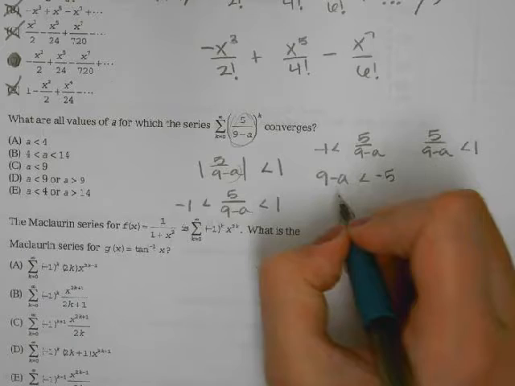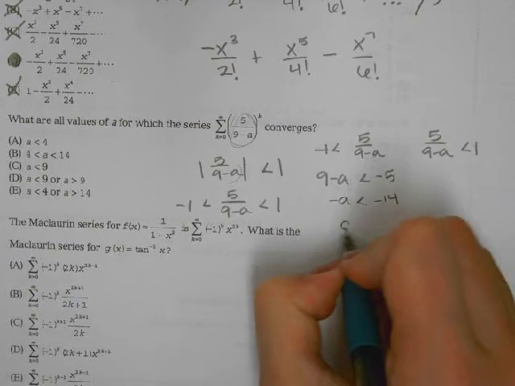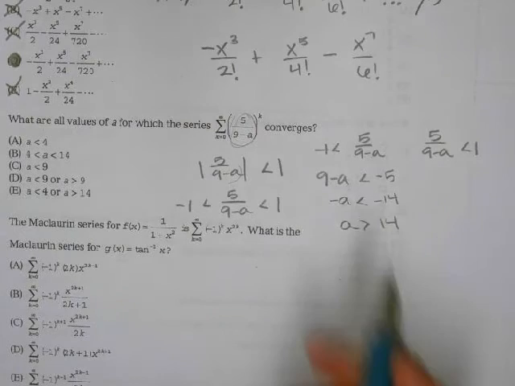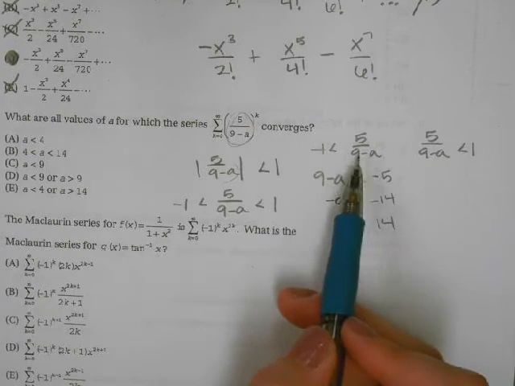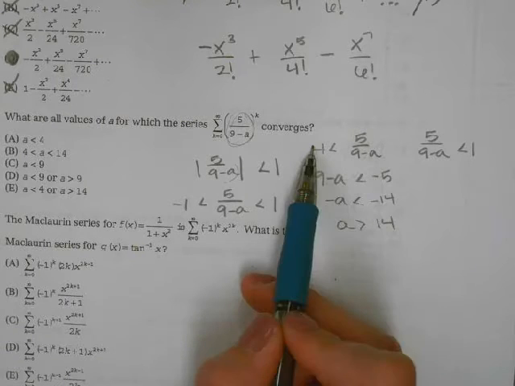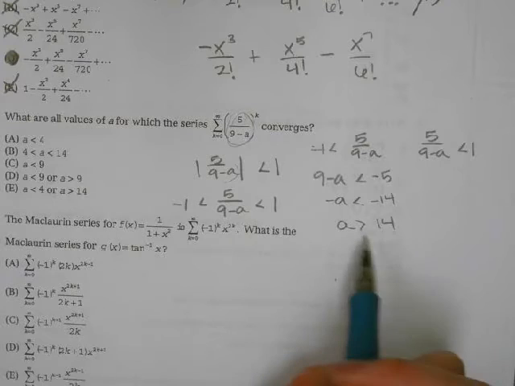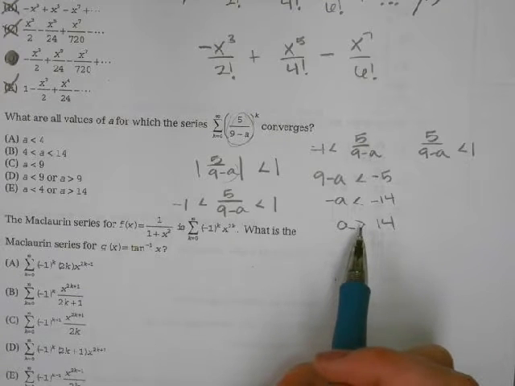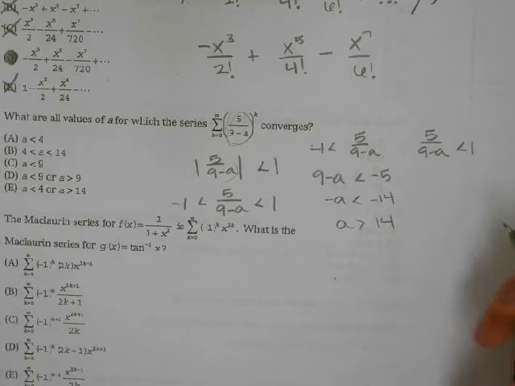I subtracted 9, so I got -A is less than -14, and then A is greater than 14. I think technically, when I switch these places, the sign switches twice because you've moved a -A over here, and you've moved a -1 over there, and you did both with multiplication or division. When I did it the first time, my symbol was kind of off and didn't make sense. But you can still think it through and make sure your numbers work. Just plug them in and make sure the overall fraction is less than 1.